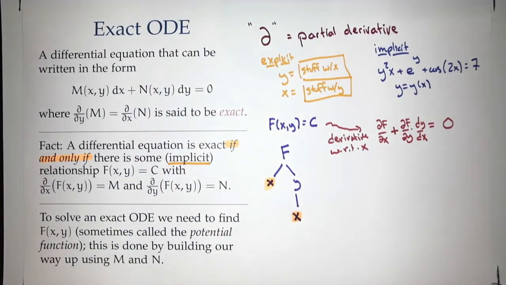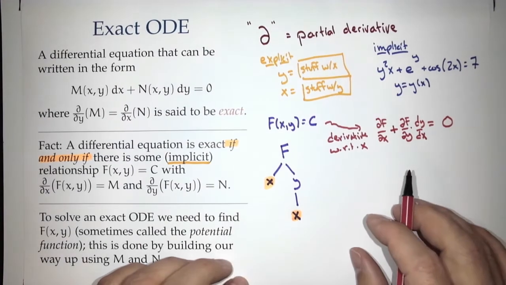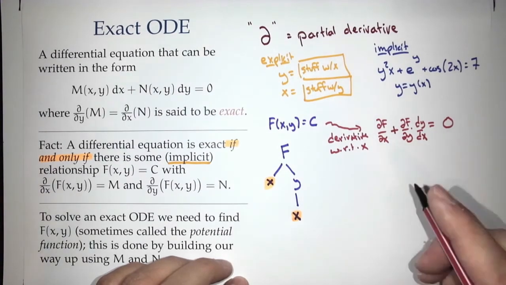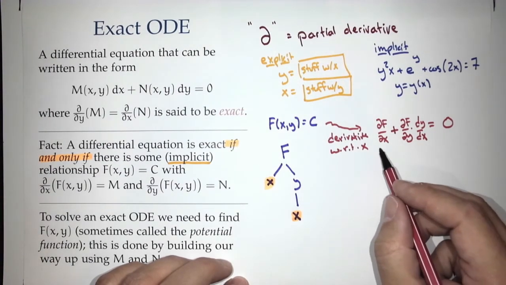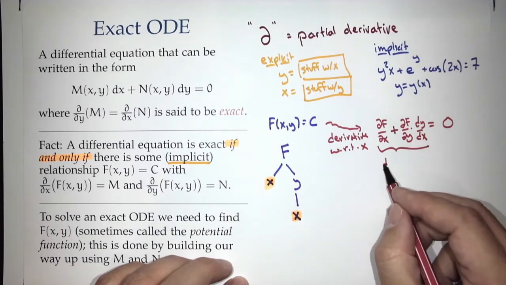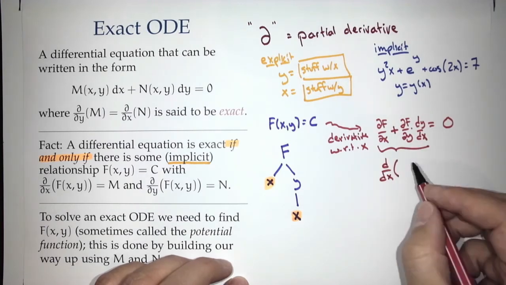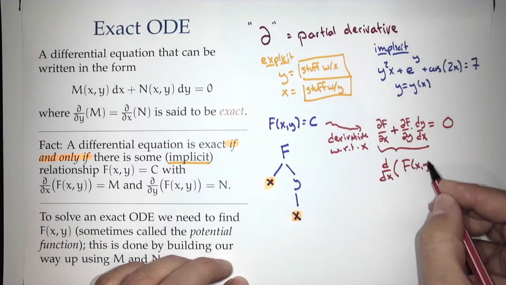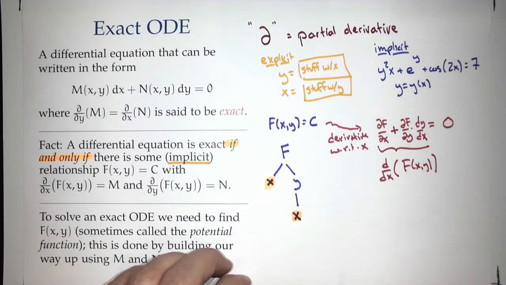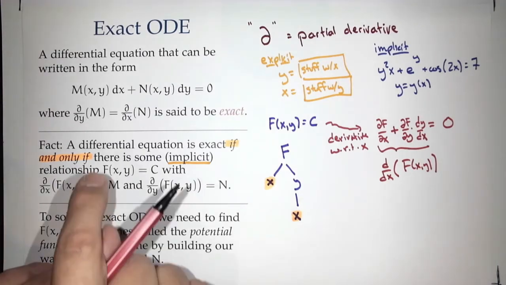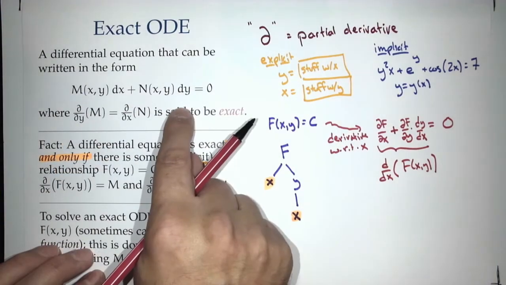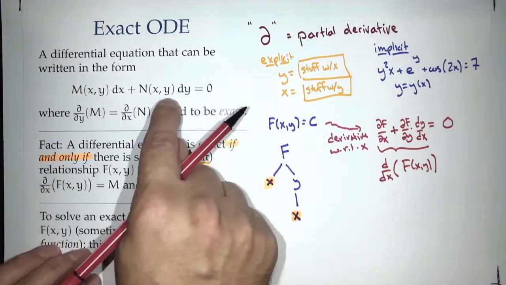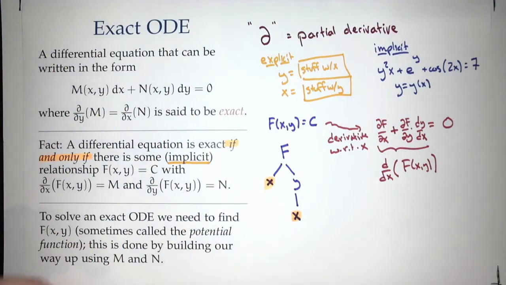All right. So, what's the punchline? The punchline says, hey, this left-hand side is actually the derivative with respect to x of f of x y. And we know that the easiest thing to integrate is a derivative. So what's really going on here is that when we have something that's exact, this side is coming from a derivative.